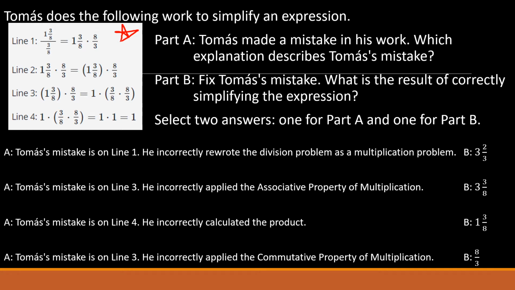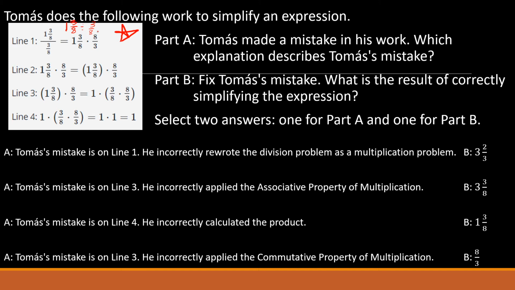Part A wants us to identify what mistake Tomas made when he was doing his work. Okay, so let's look here. This first step, what we have here is essentially 1 3/8 divided by 3/8. So what he did is copy-flip, or KFC.